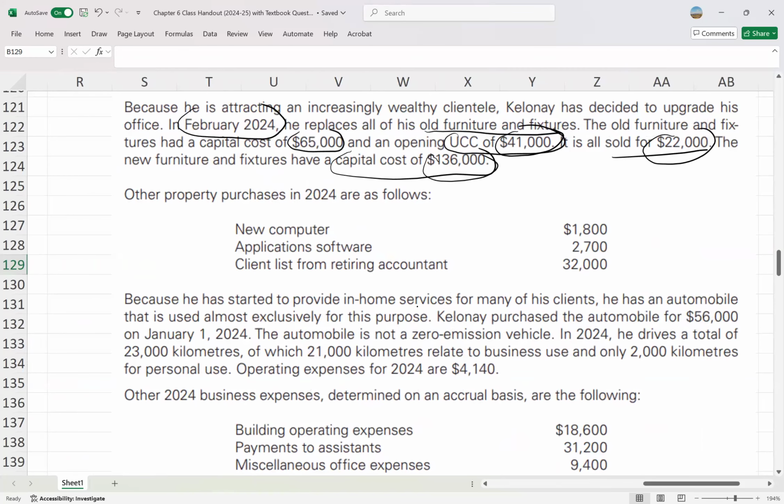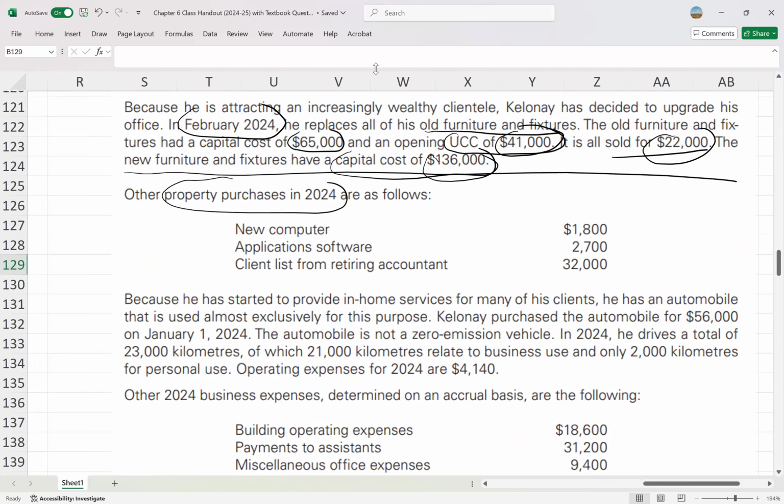So we've dealt with the furniture and fixtures, and then he bought a bunch of other property in 2024: a new computer, application software, and client list. So let's find out where these are on our CCA rates table. Computer, application software, and a client list.